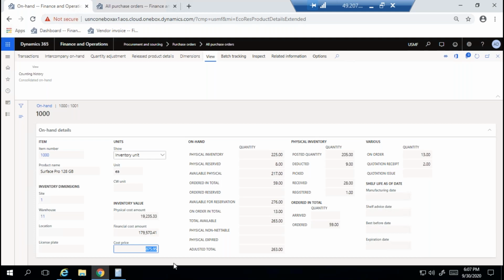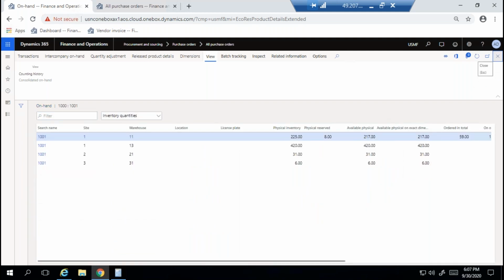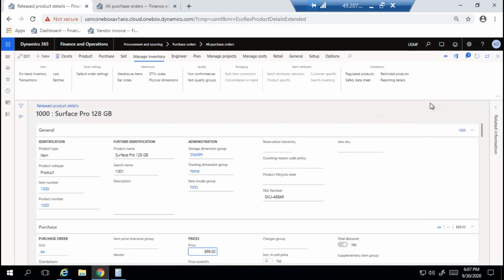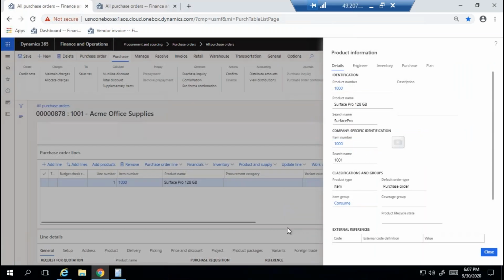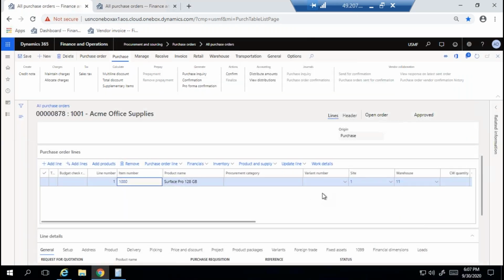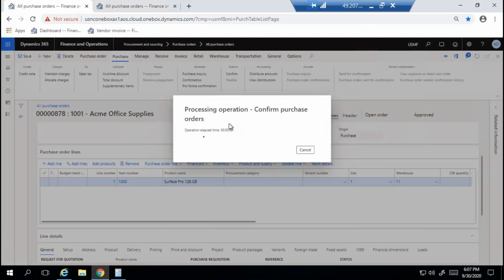So the cost of the item should be decreased by 875.95 only. Okay, so let us do this one, and let us understand what happens. That is the reason manual entry is not the best practice. Okay, fine. So what is the difference?